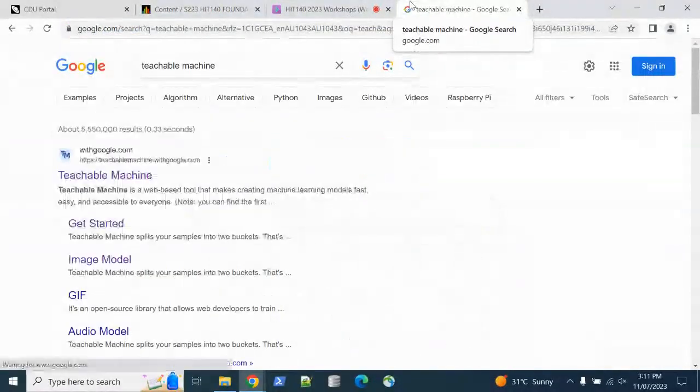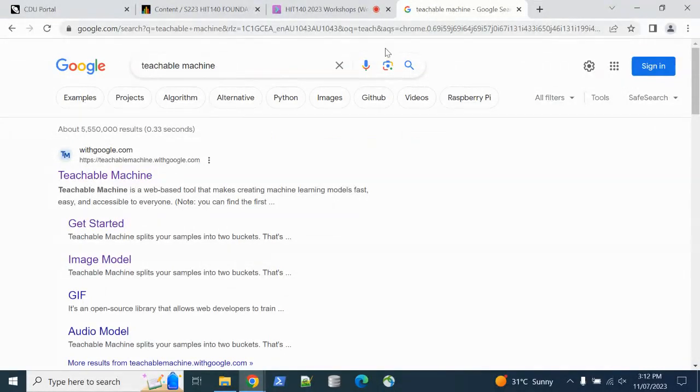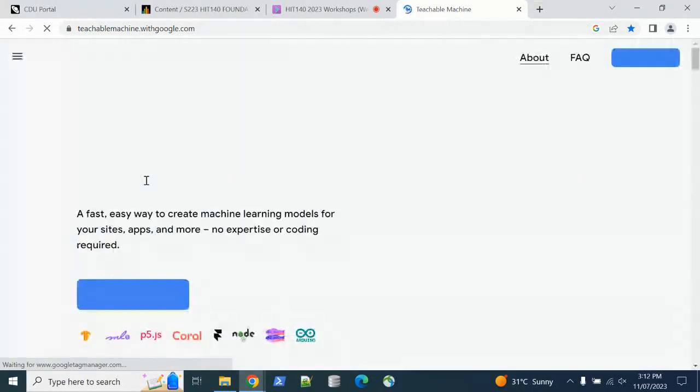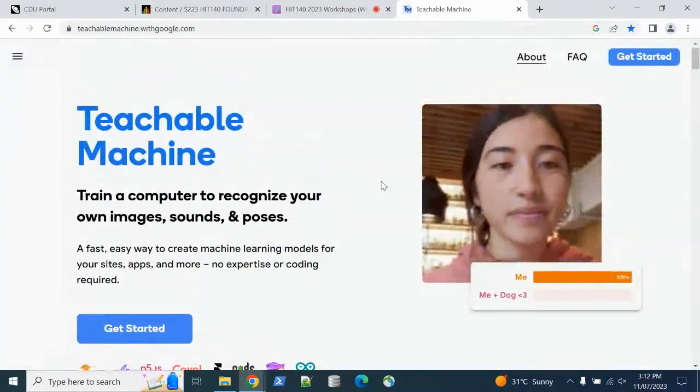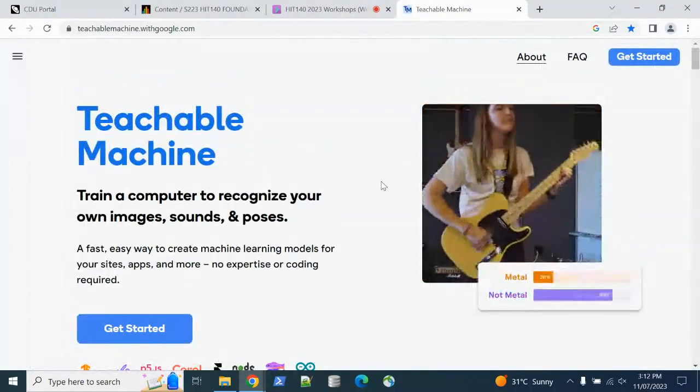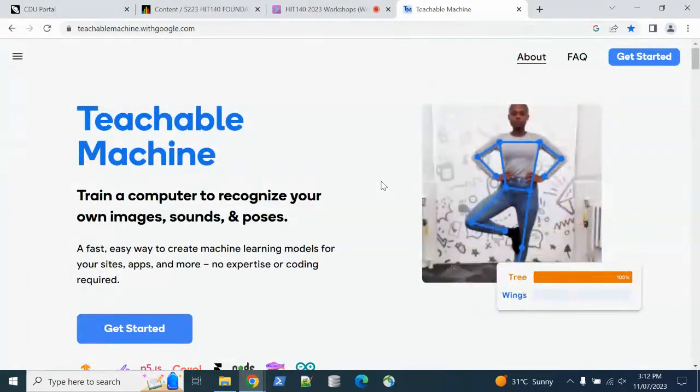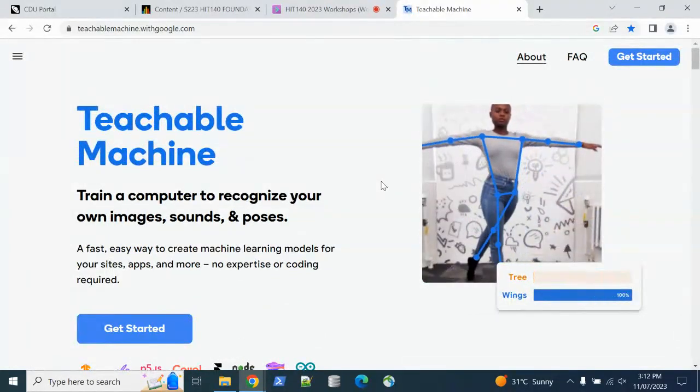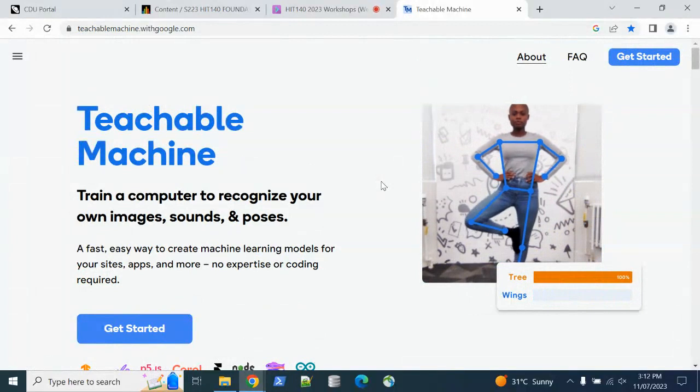There's something called Teachable Machine by Google that is fun to play with, and I find it quite useful to illustrate the concept of predictive analysis. You can basically train a computer to recognize your own image, to predict certain images.